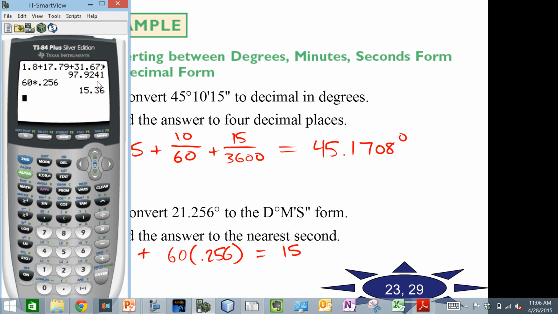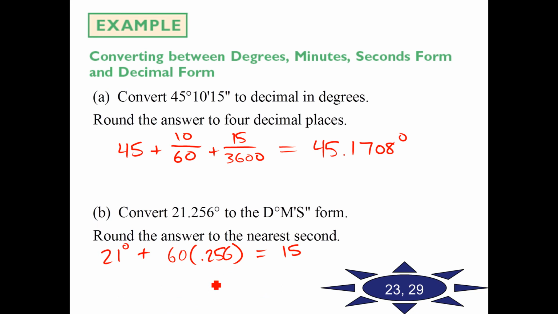Okay, so 15 minutes, but then we have this 0.36 hanging out there. So how about 0.36 times 60 again to figure out how many seconds there are. And there's 21.6. So we would have 21 degrees, 15 minutes, 21.6 seconds. All right, try problems 23 and 29.